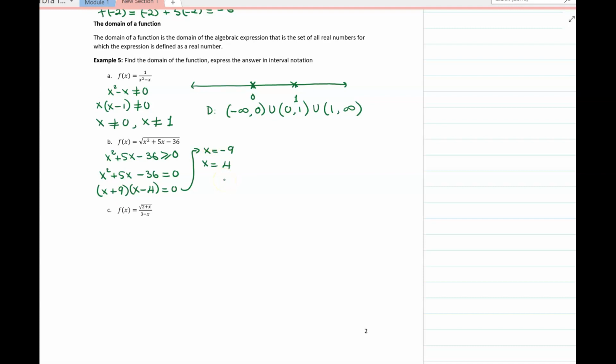Next, we will make the table with the interval and test point to find out where the interval would lead to this expression greater than 0.